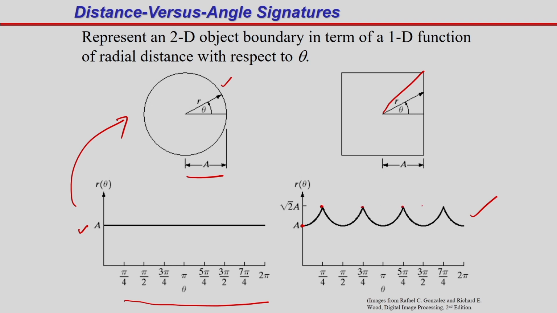I have 4 diagonal points, 1, 2, 3, 4. For these 4 diagonal points the radial distance is root 2a, and for other points the radial distance is only a. So by considering the 1D function of radial distance with respect to theta, I can represent a particular boundary.